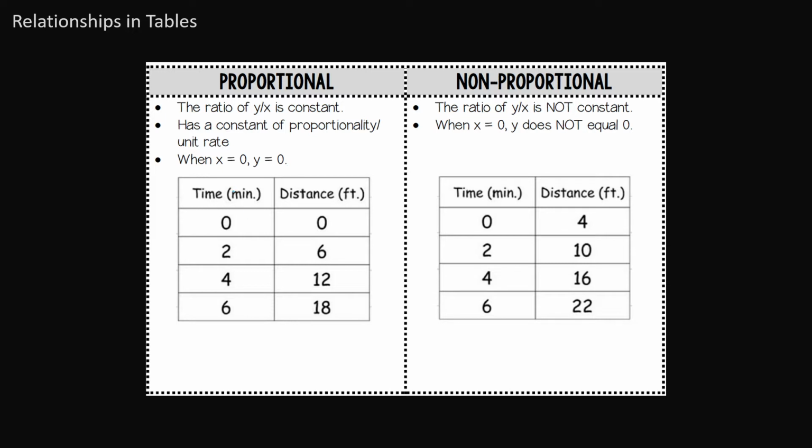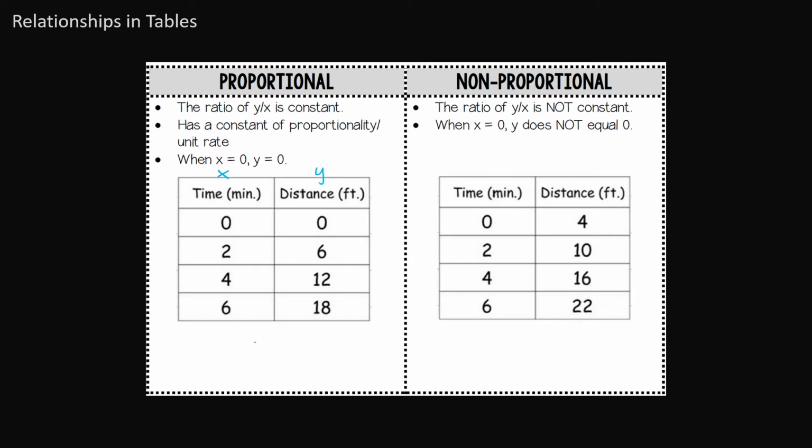So let's take a look at this table comparing time in minutes to distance in feet. I know that my y variable is going to be distance because my unit rate, if it has one in this table, will be feet per minute. So time is x, distance is y.